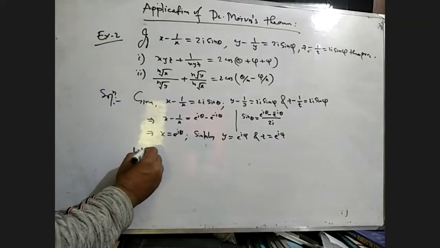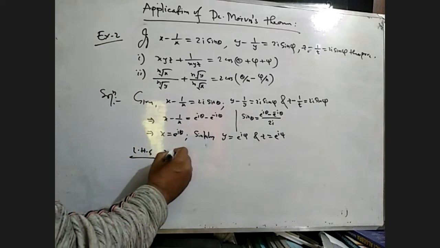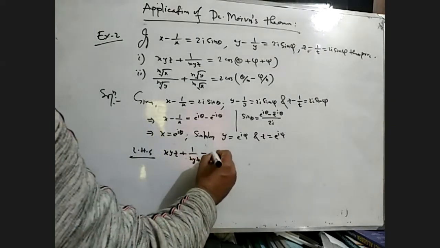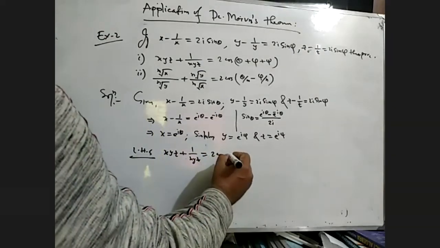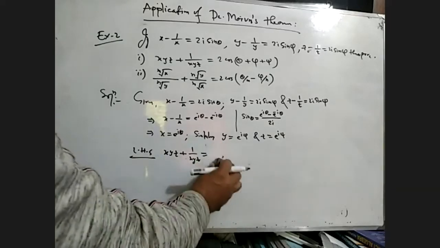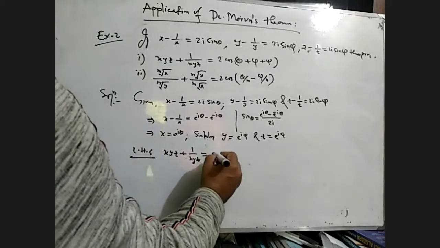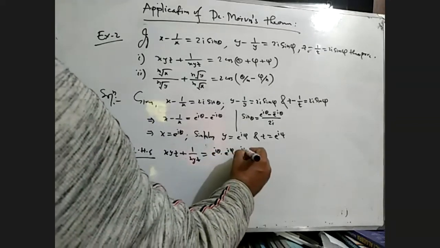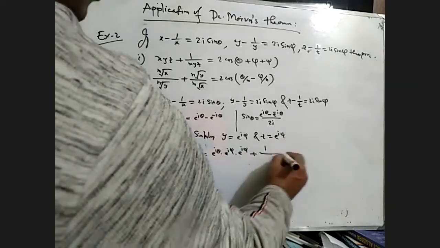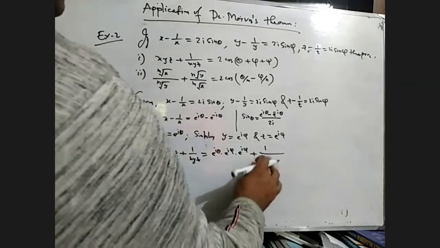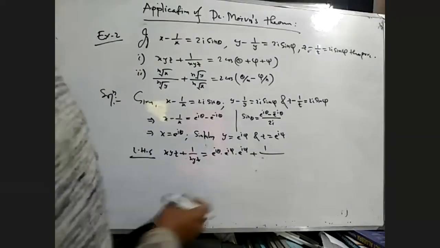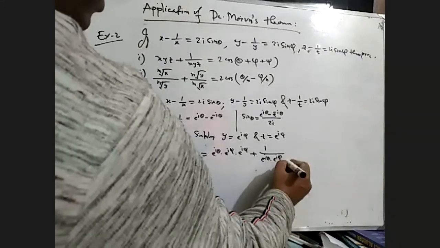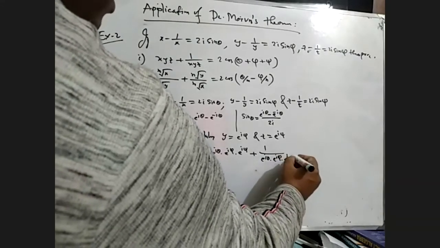Left hand side same as before, xyz plus 1 by xyz equals twice cos. Just putting these values, e to the power i theta, e to the power i pi, e to the power i psi, plus 1 by e to the power i theta, e to the power i pi, e to the power i psi.